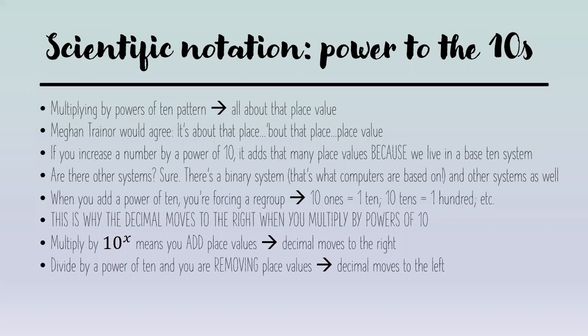Dividing is just the opposite. We're removing place values because we're dividing by a power of 10. So we're going from hundreds to tens to ones to tenths, et cetera, et cetera. You have to know your place values. If you're not confident in your place values, that is something that you really have to spend time on. You've got to know your place values.